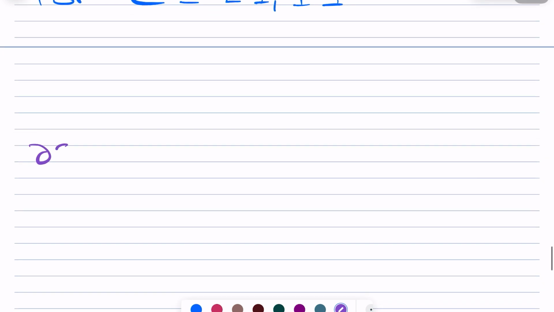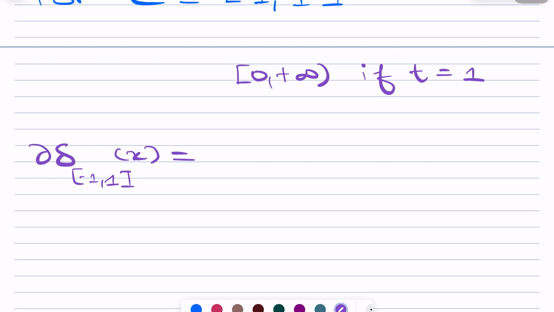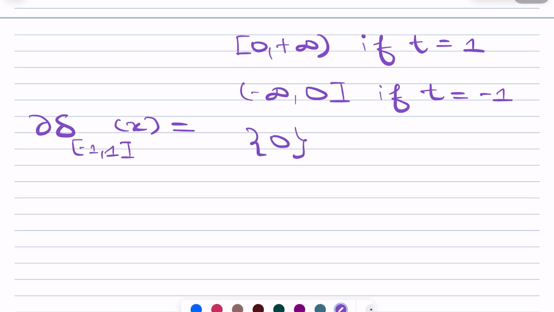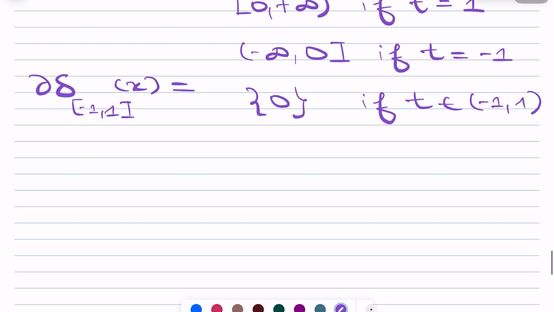You can actually show that the convex differential of delta C at the point T is equal to the interval 0 plus infinity if T equals 1, minus infinity 0 if T is equal to minus 1, the singleton 0 if T is in the open interval minus 1, 1, and the empty set else.